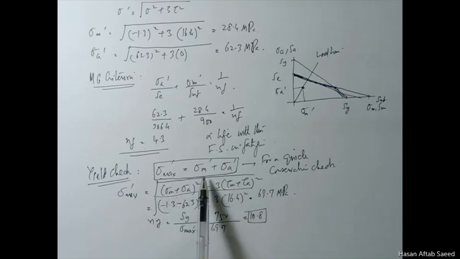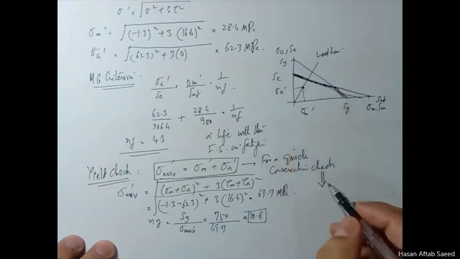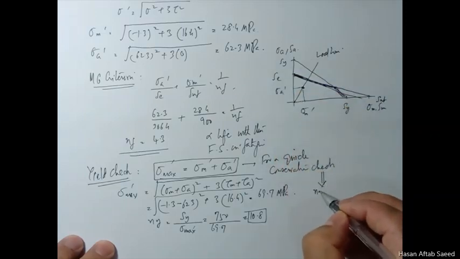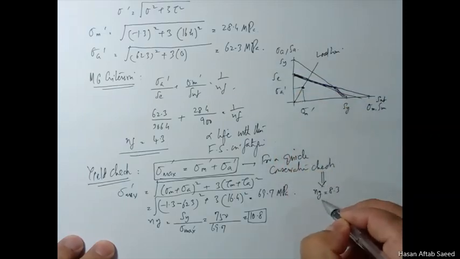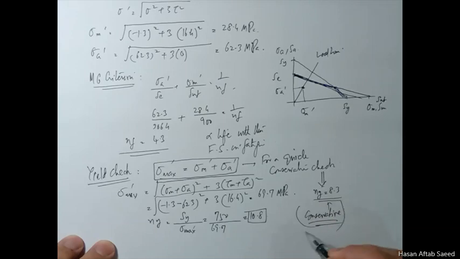But if you add them together, you'll get a higher number than this, so it will give you a smaller factor of safety. And if you just add them together, you'll see that your factor of safety in yield is 8.3. This is very conservative if you do it like this.